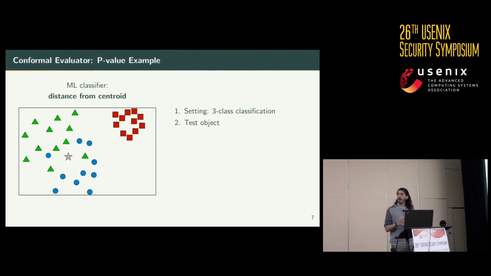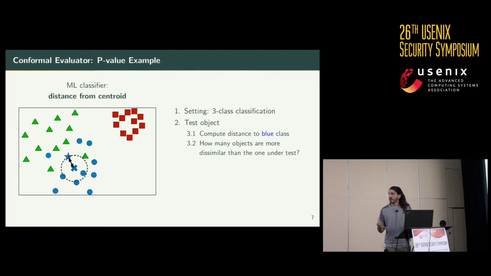Now we are trying to calculate the p-value for the new test object, the star object. What we do is compute the distance from the centroid, represented with the cross, and then we count how many objects are more dissimilar. In this case, more dissimilar means we need to count how many objects are outside the circle that I'm showing you. So in this case, there will be 9 objects outside the circle.